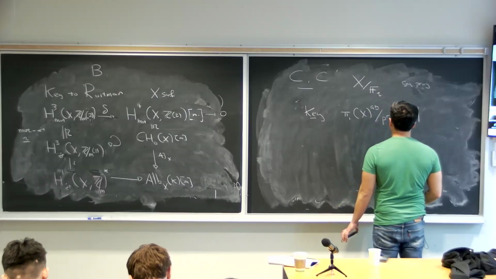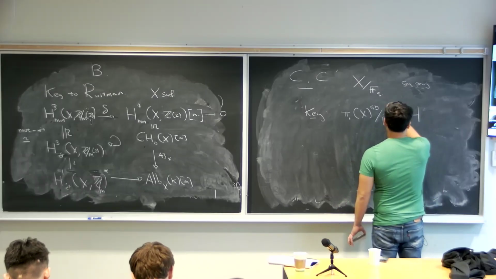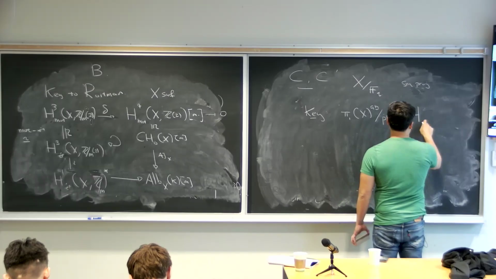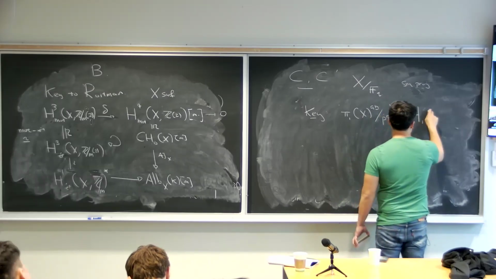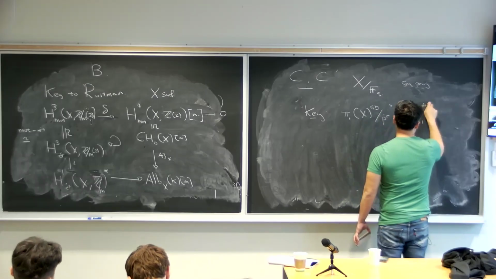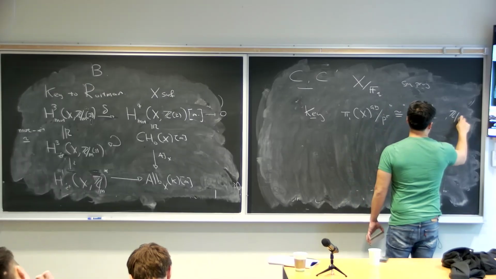I'm going to get the numbers wrong because I forgot what it is, but pi 1 of X abelianized, just as in topology, is H1 étale or syntomic or whatever with Z mod p to the r.